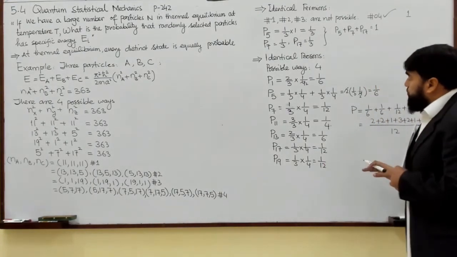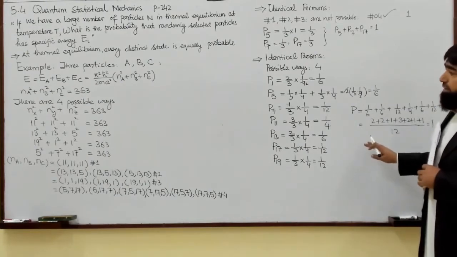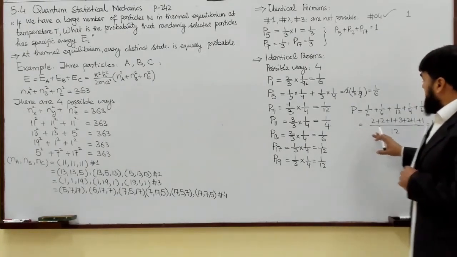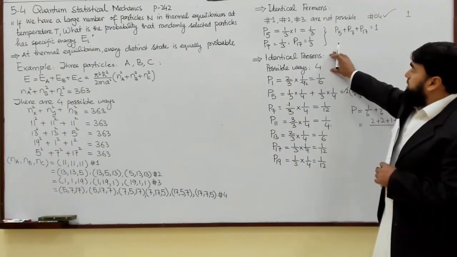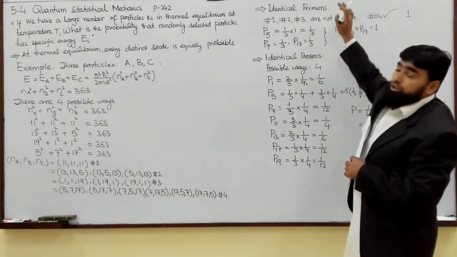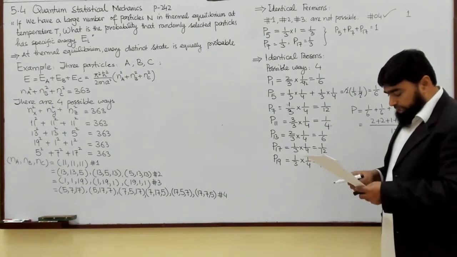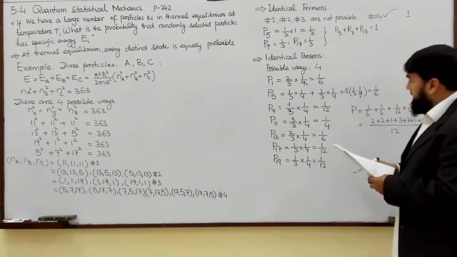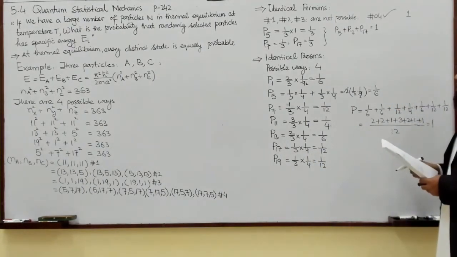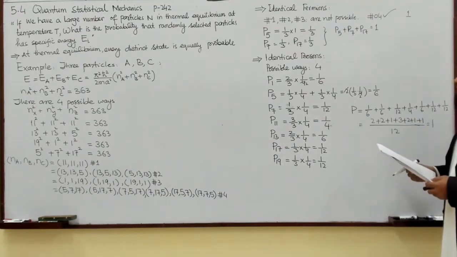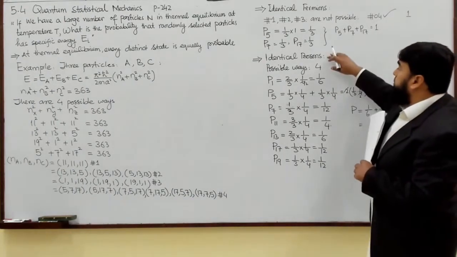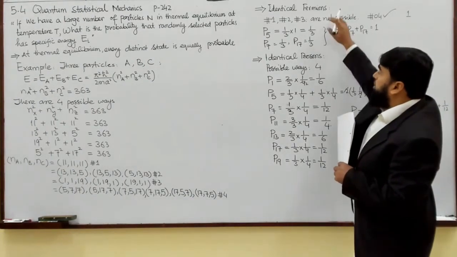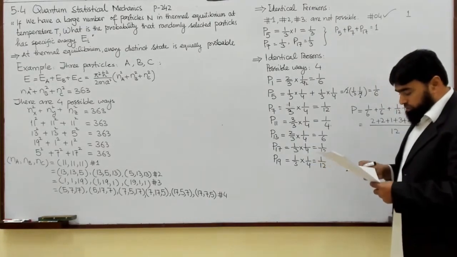So it is very obvious that the probability of the result depends on the nature of the particles, which particles we are dealing with, whether they are identical particles or distinguishable particles. And inside identical particles, it depends whether they are bosons or fermions.